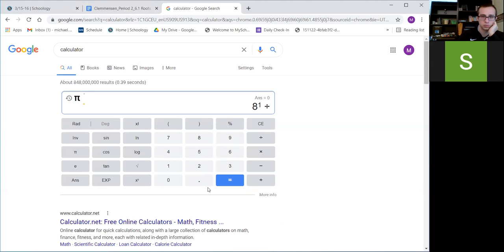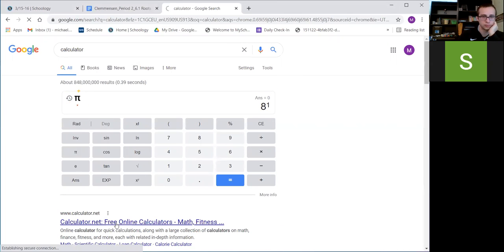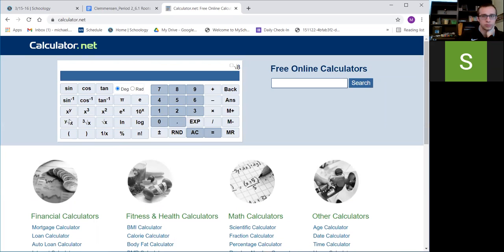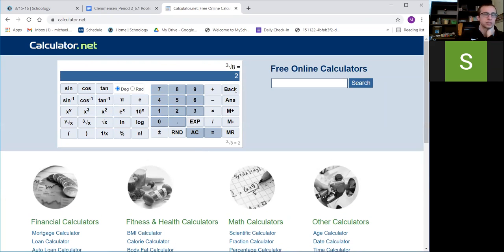Oops. This is not a good calculator. So a better calculator, this is much better. There we go, cube root. And so we go 8 to the power of, and then we put in our 3, and we put equals, and it'll give us that 2 that we want.